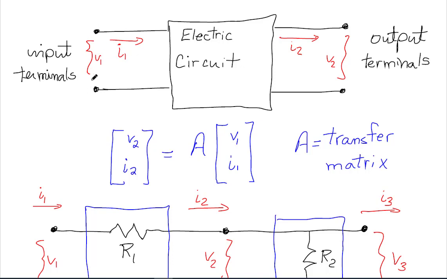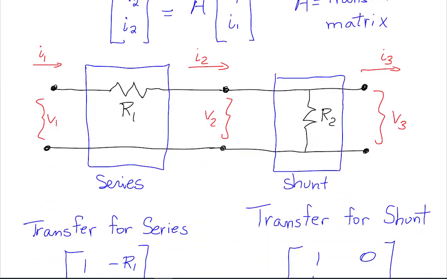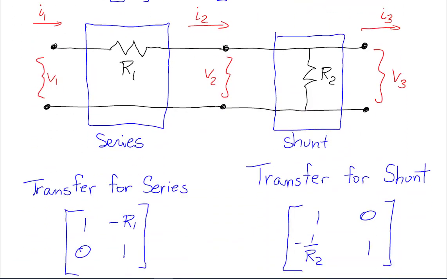There's a voltage across the two input terminals, and there's another voltage on the output terminals. You can model this by the output, the voltage and the current that's coming out, is a transfer matrix times your two input values.